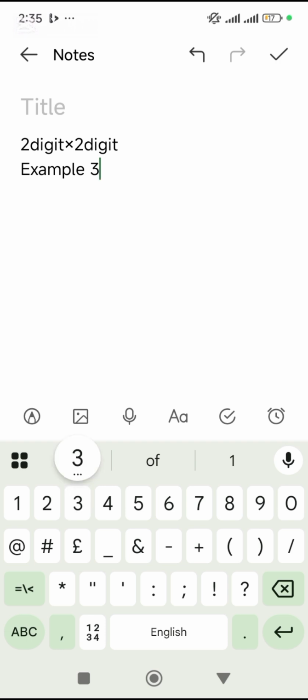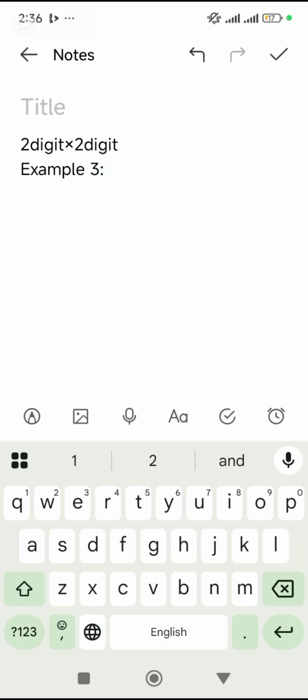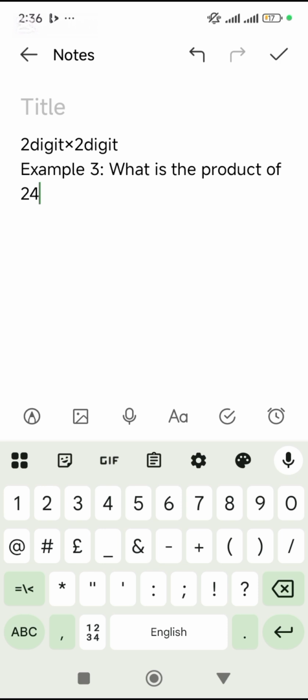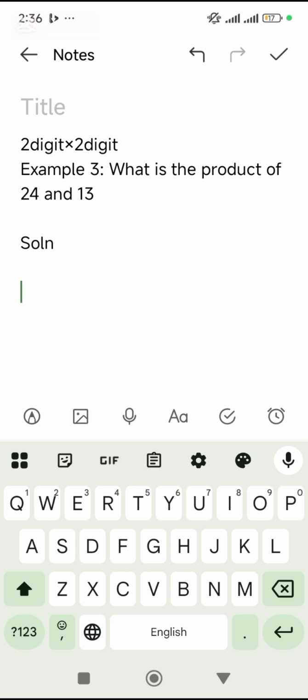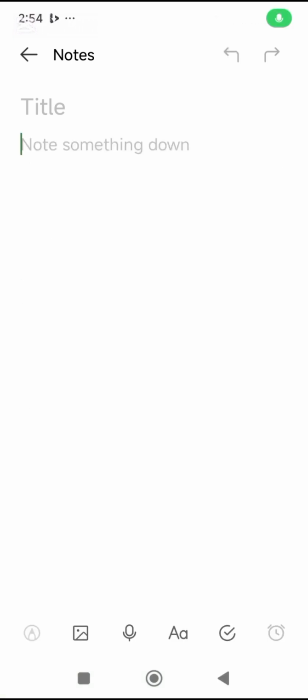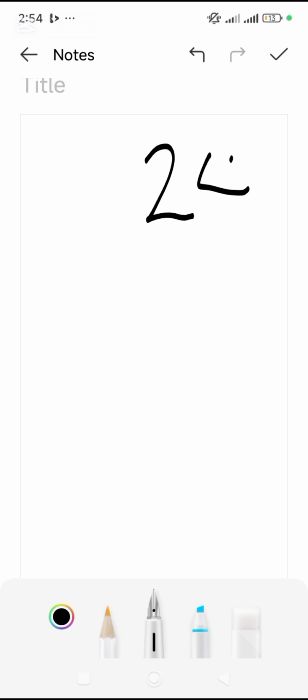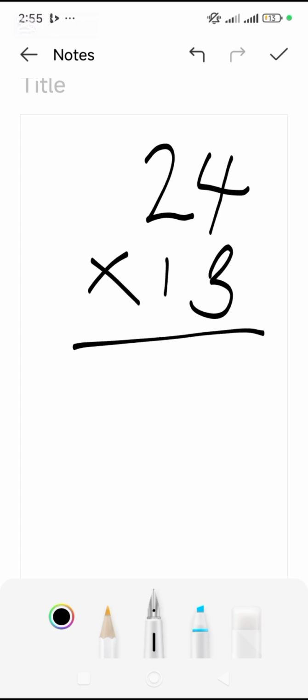Example 3: what is the product of, let's say, 24 and 13? Solution. 24 times 13. 3 times 4 is 12.